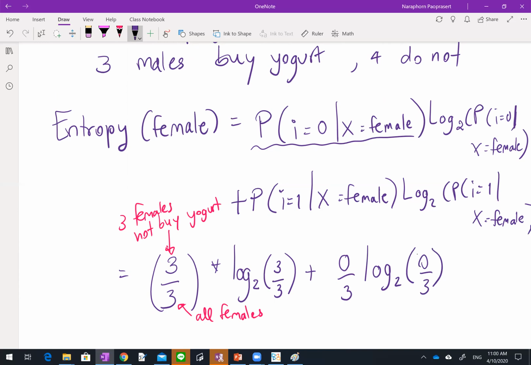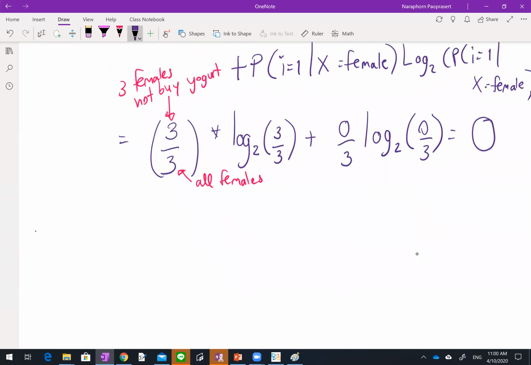Log of 1 is 0, and log 2 of 0 is defined as 0, so this is 0. The entropy for the female is 0.